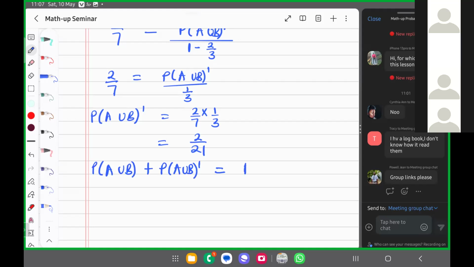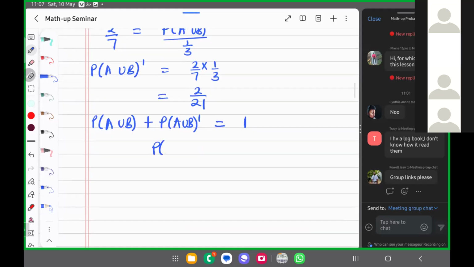So probability of A union B, since I'm looking for that, would be equal to 1 minus probability of A union B complement. Therefore, we would have 1 minus 2 out of 21, which gives us 19 out of 21 as the probability of A union B.